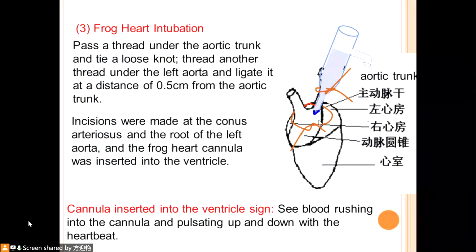The Ringer's solution also contains some blood, so we should wash it, use fresh Ringer's solution and change it.